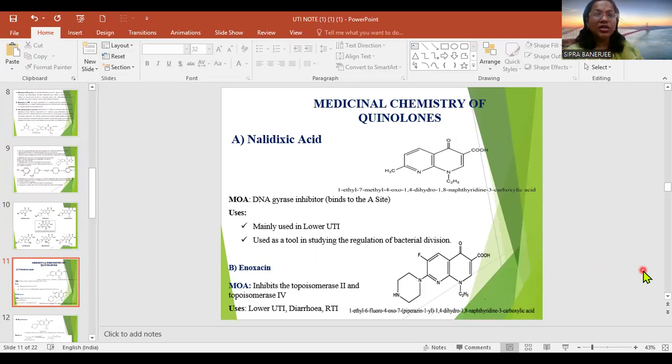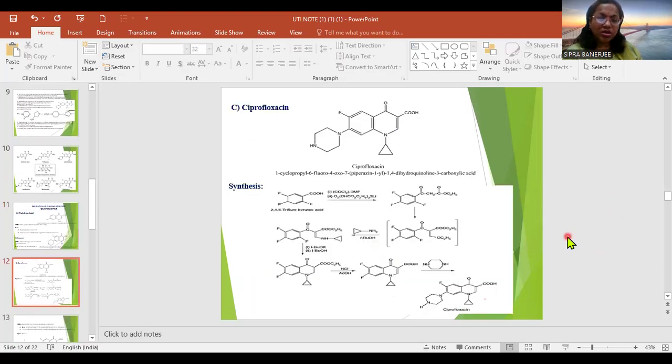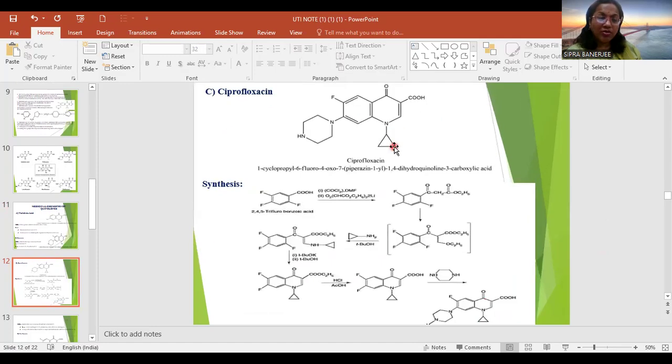It inhibits the DNA gyrase enzyme, is used mainly in urinary infection, and is used as a tool in studying the regulation of bacterial division. Now there is another drug, enoxacin, which is not included. Now ciprofloxacin is one of the important drugs that also has the quinolone structure. Remember the quinolone structure. Okay.